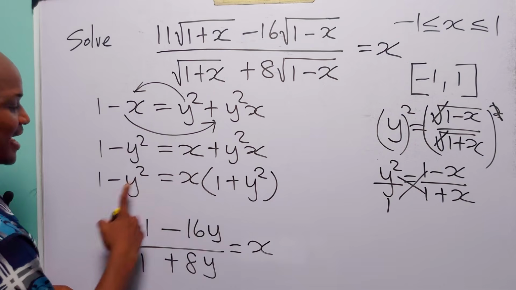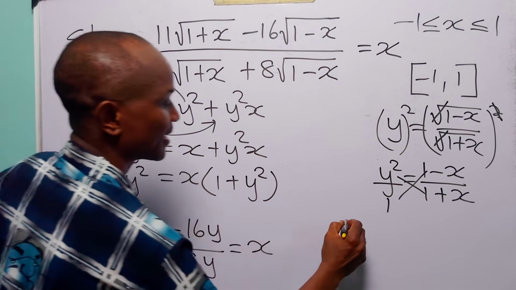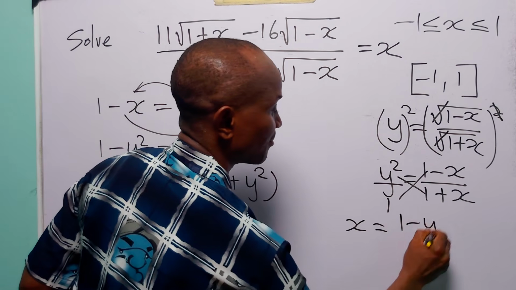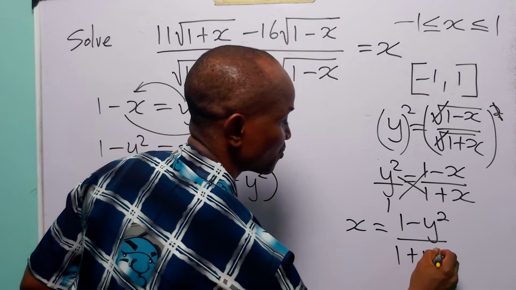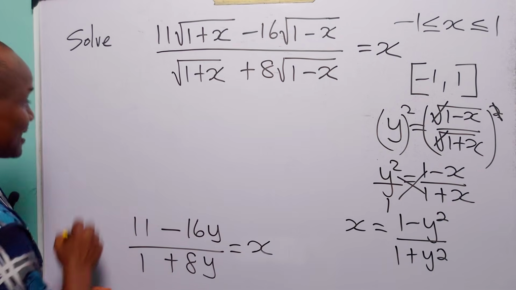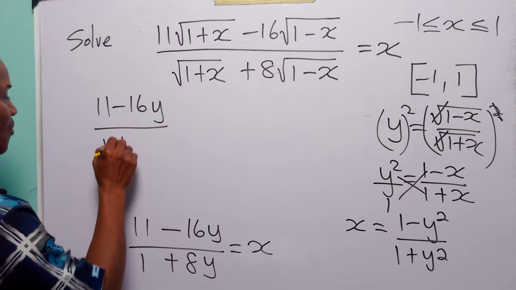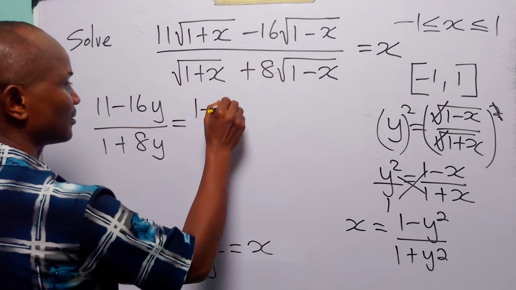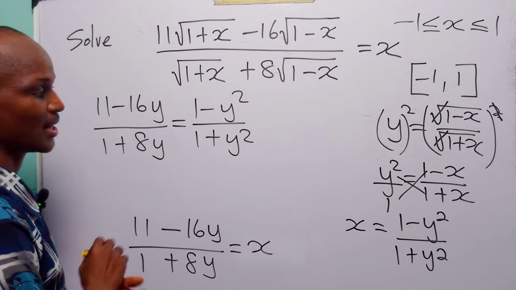And of course, when we divide both sides of this equation by 1 plus y squared, we have that x is equal to 1 minus y squared over 1 plus y squared. So now we can write this equation as 11 minus 16y over 1 plus 8y is equal to 1 minus y squared over 1 plus y squared.